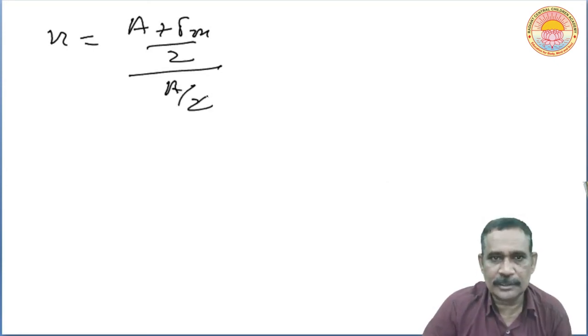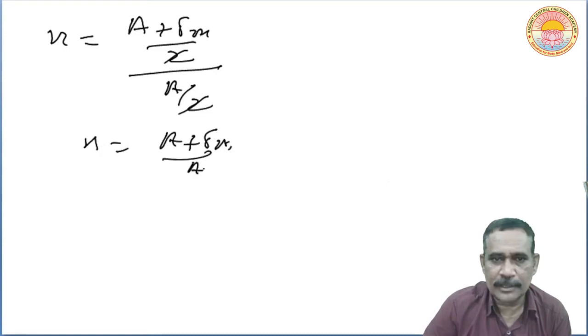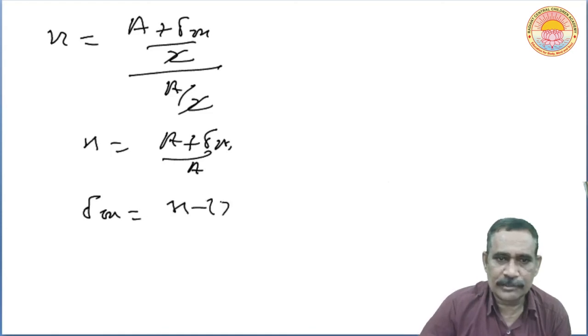This 2 is cancelled from numerator and denominator. Now n equals (A plus delta M) upon A, or delta M equals (n minus 1) A.